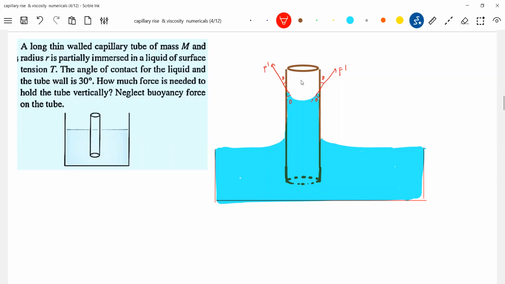Here also, the liquid will exert force, no? The water outside. This, I think I'll show F dash like this.